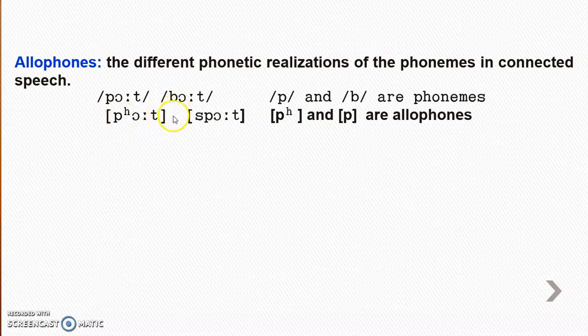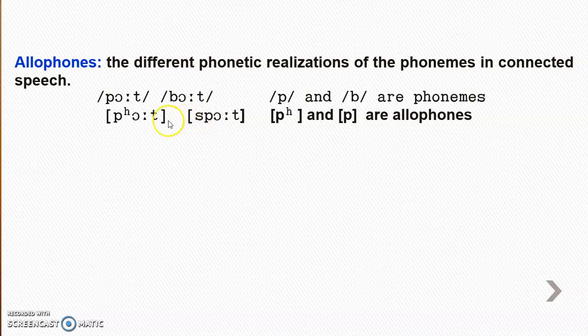Okay, but when I've got this word, I say sport. I'm not supposed to aspirate the p. Why not? Because of the context. Because of the phonetic context. It's preceded by s. So I'm not supposed to aspirate it. I'm supposed to say sport.